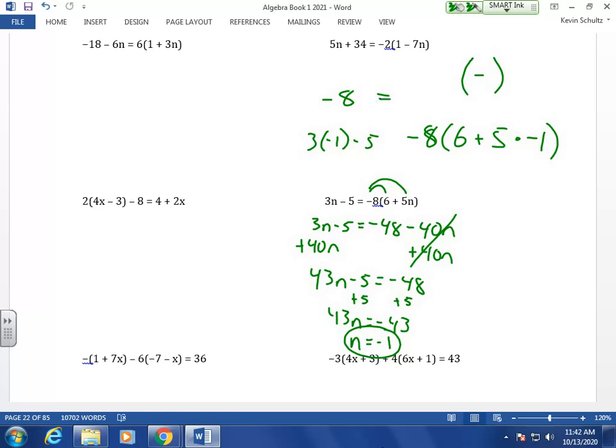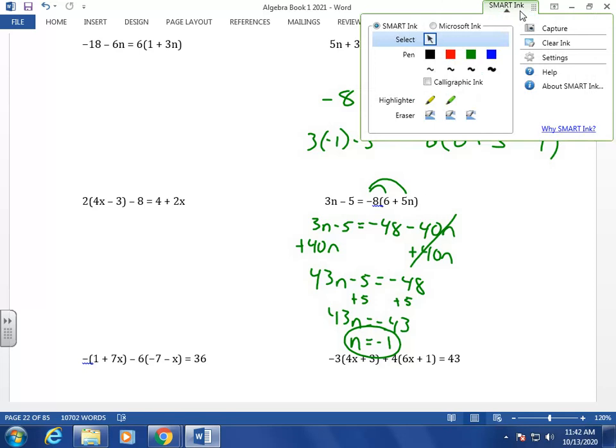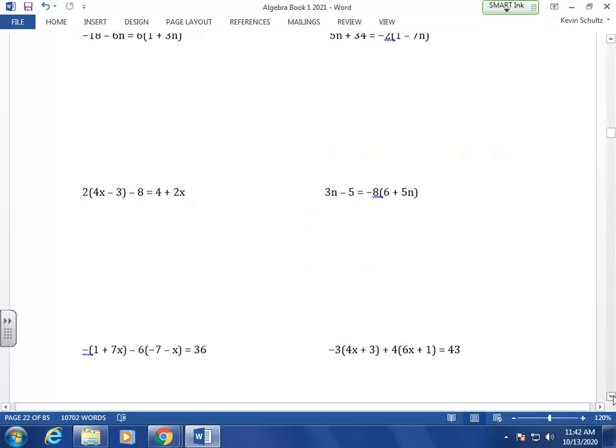So -8 equals -8. It should take you no more than 10 seconds, 15 seconds to check that, and it's worth it. Questions on that? Okay. One more. Let's just drop right down and do this one here.